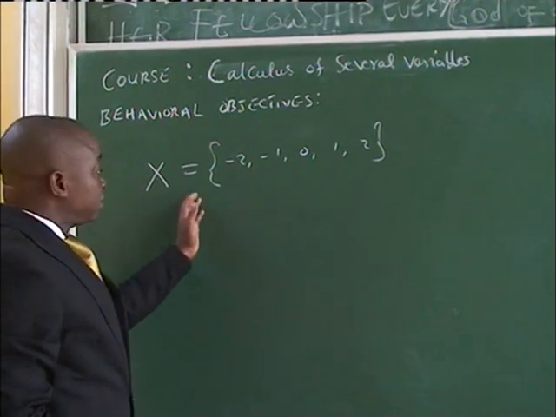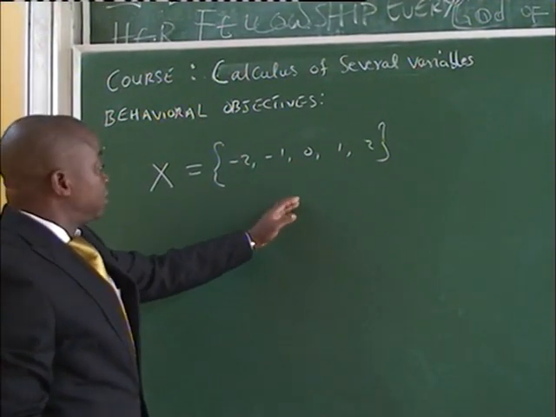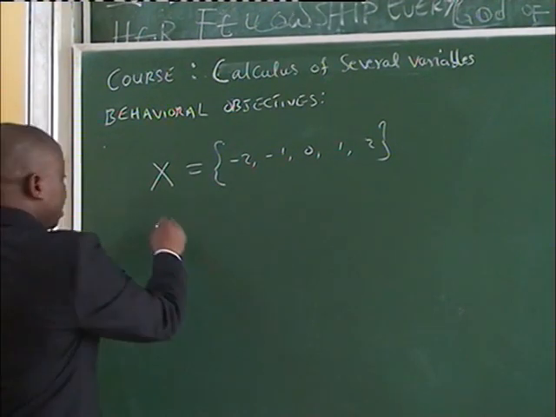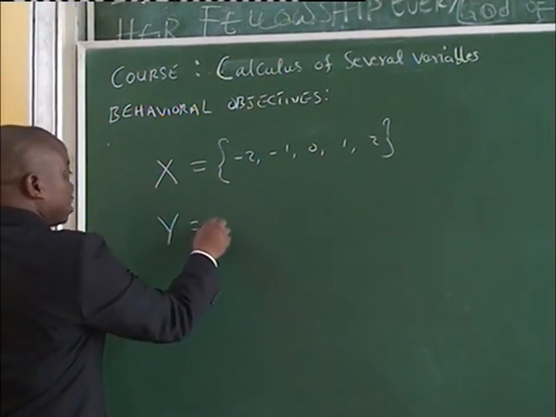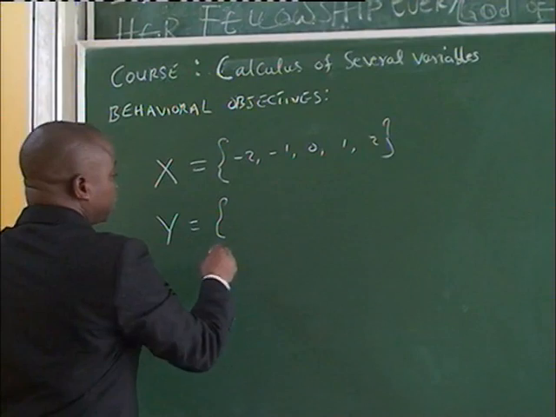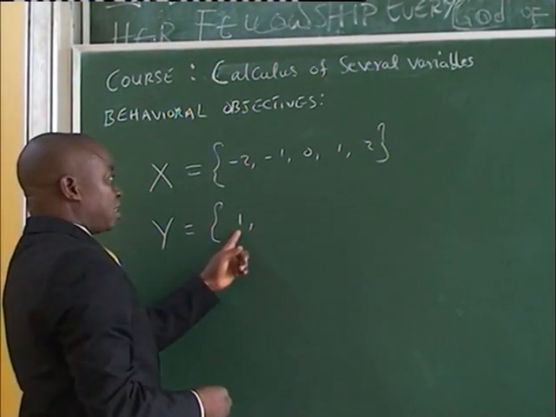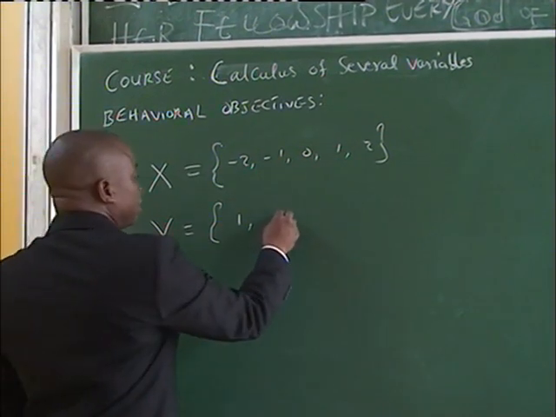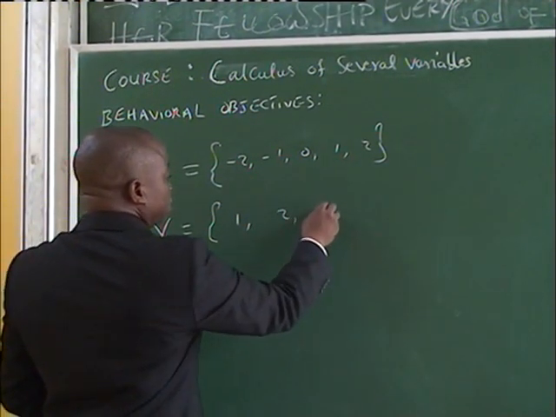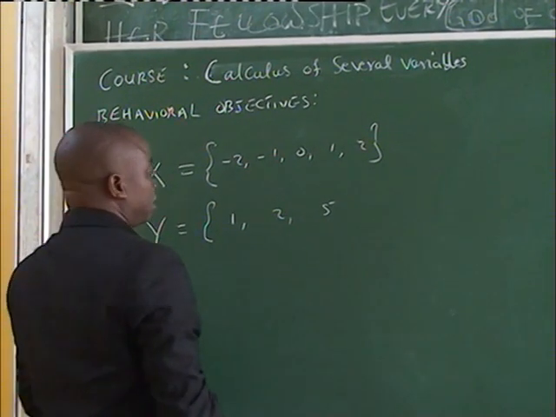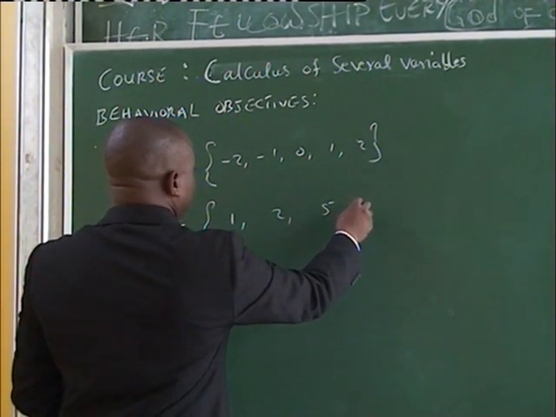We know elementary sets. Now consider another set, set y, which has 1, 2 and 5 as its elements.